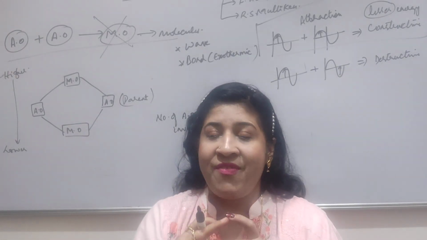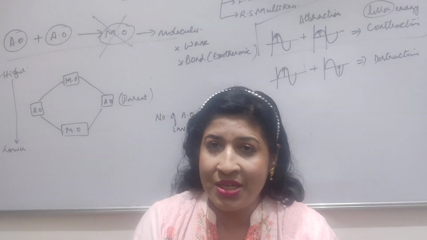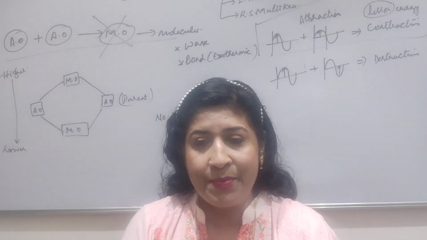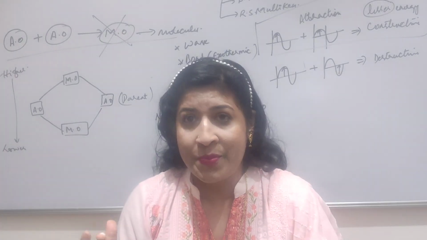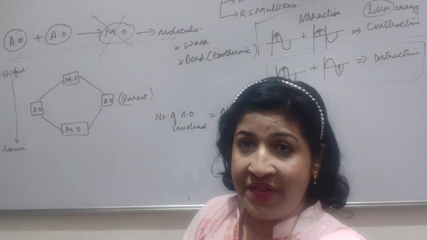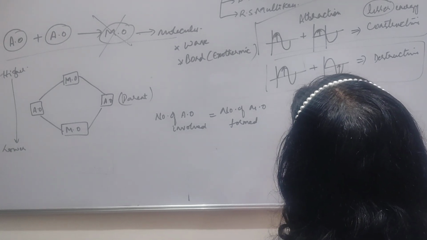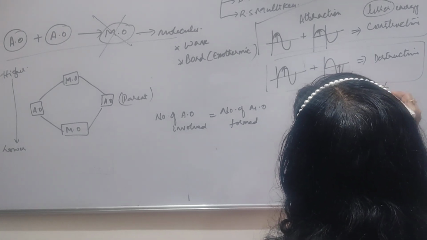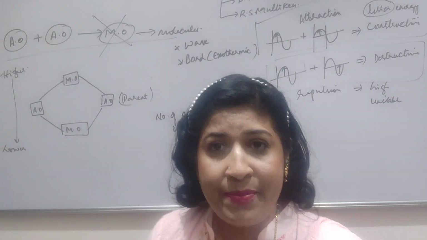Of course, when there is attraction, the energy becomes less. When the energy is less, it becomes stable, leading to constructive interference wherein the bond is formed. If it is the other way around, then it is known as destructive interference, wherein repulsion takes place. Of course, the energy is high and it leads to instability.